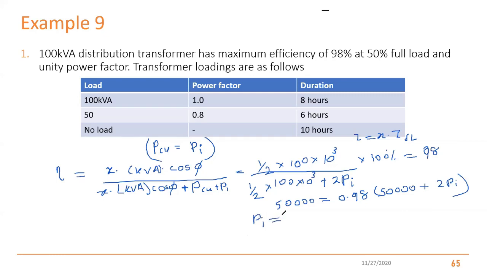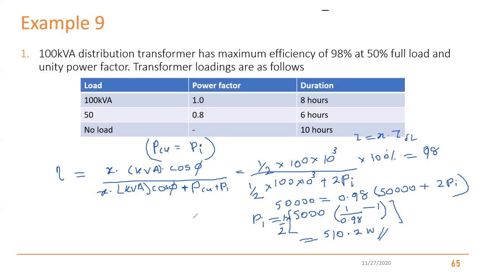Iron loss can be calculated using this equation. This becomes 510.2 watt.